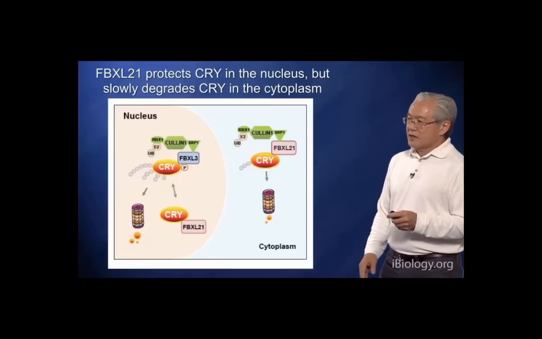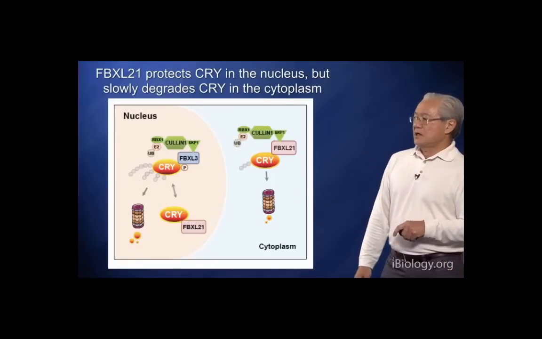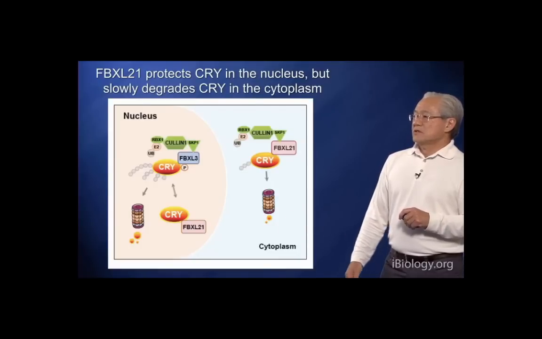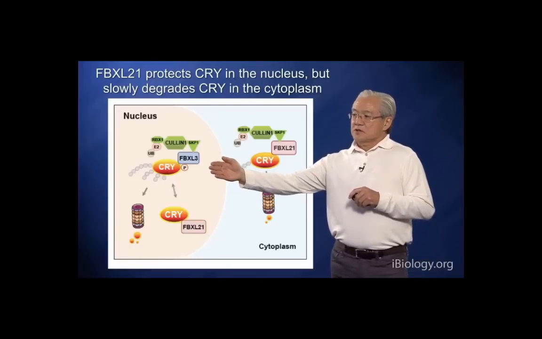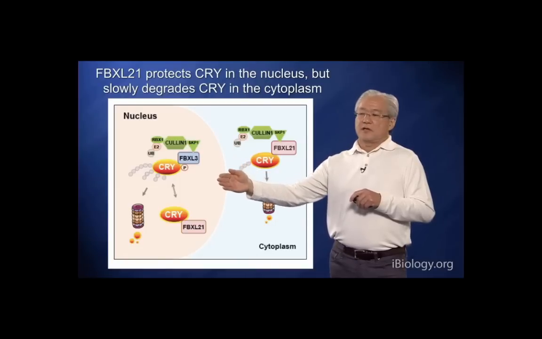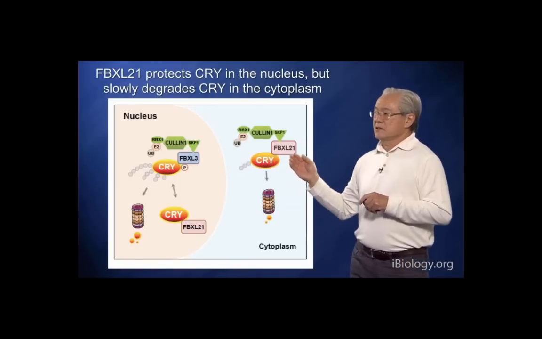Now, I'm not going to go into all the details, but I'll just jump to the end of this story. We found, to our surprise, that FBXL3 is really only found in the nucleus, but FBXL21 is found in both the nucleus and in the cytoplasm.